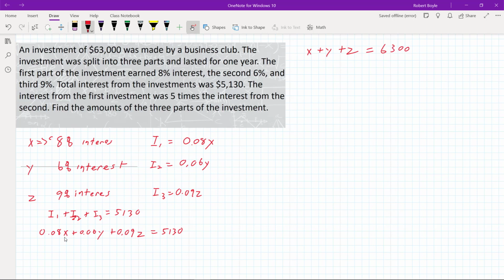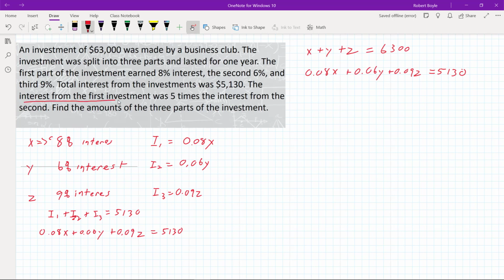The second part is that all the interest is going to sum to $5,130. So 0.08x plus 0.06y plus 0.09z equals $5,130.